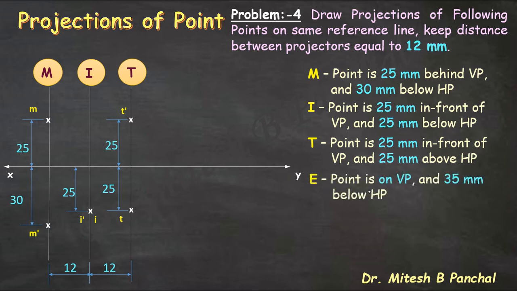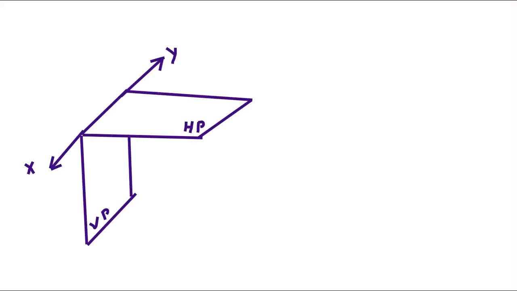So next point is point E, which is on VP and 35 mm below HP. We know that point E is on VP, that means its projection, that is top view, is on XY line. Now before solving the projections of point E, let's demonstrate the problem. Now point E is represented like this.